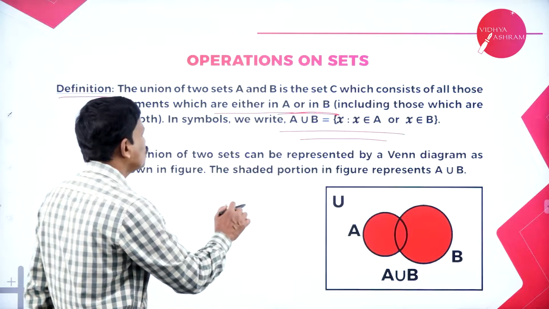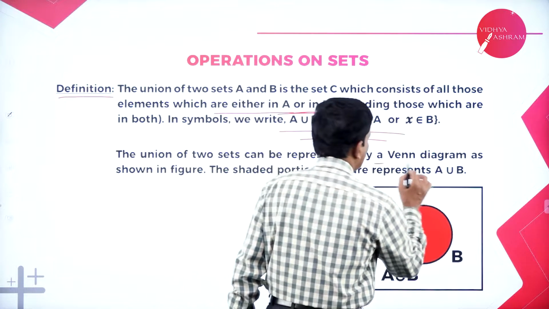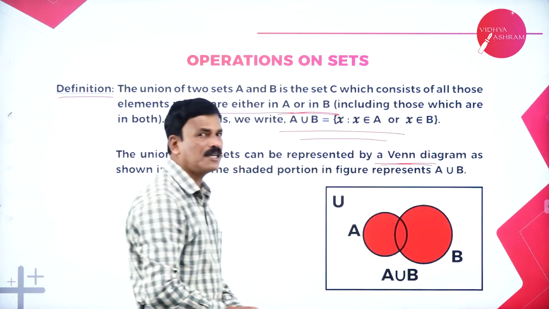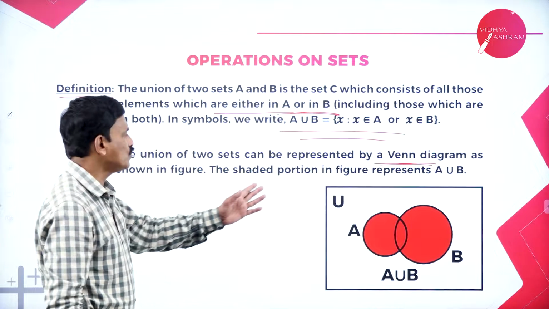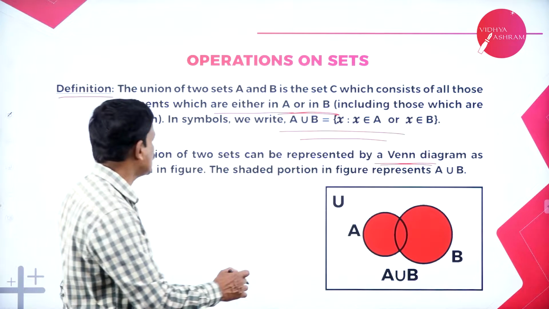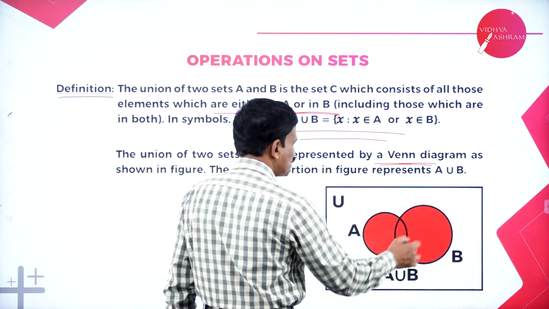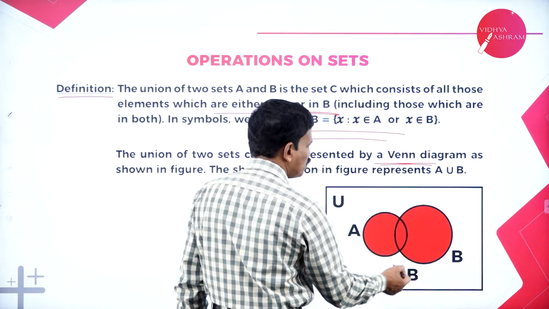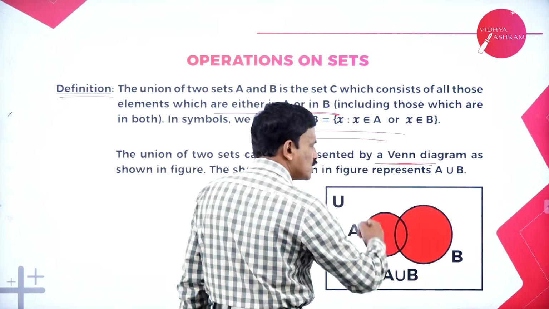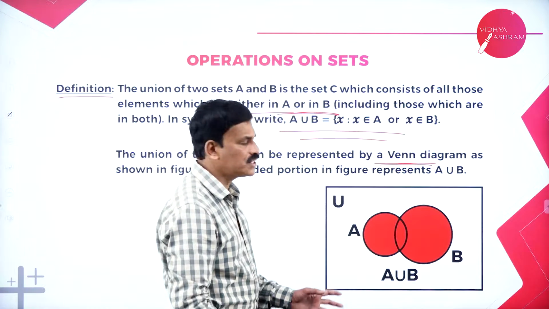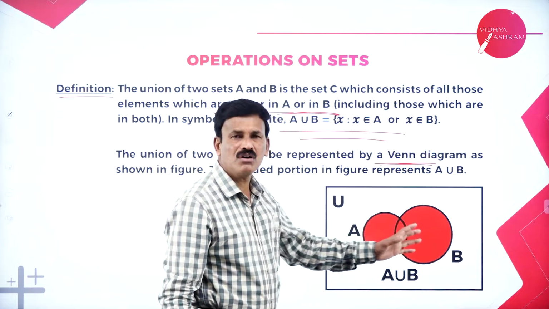Now, the union of two sets can be represented in a diagram called the Venn diagram. In a Venn diagram, we represent the union of two sets like this. This is the universal set. This is set A and set B. The union of sets is all the elements which are in A or in B.